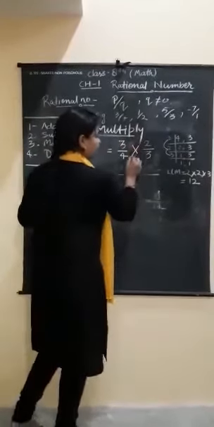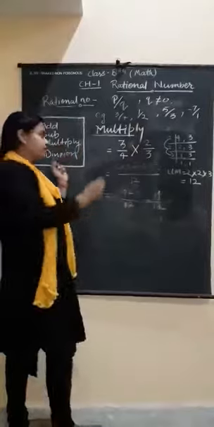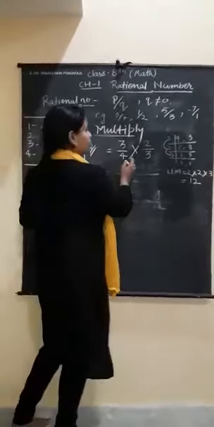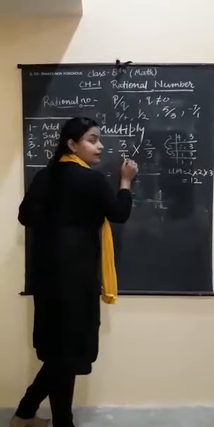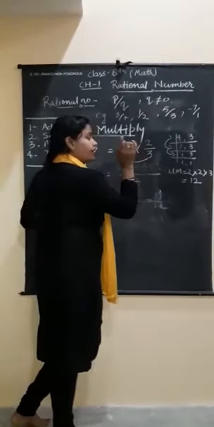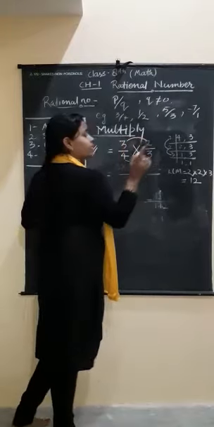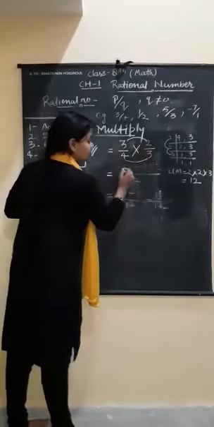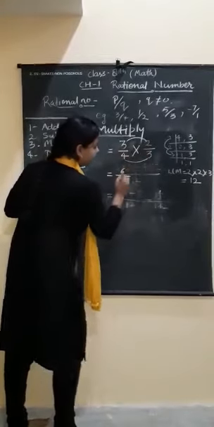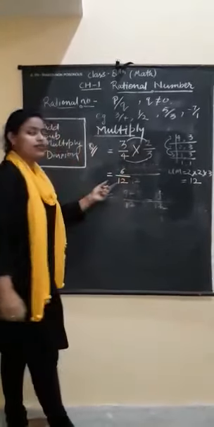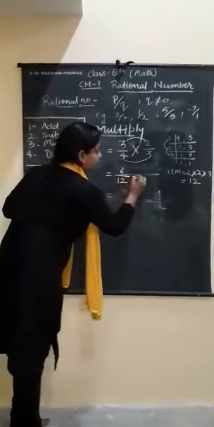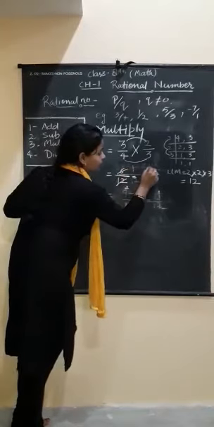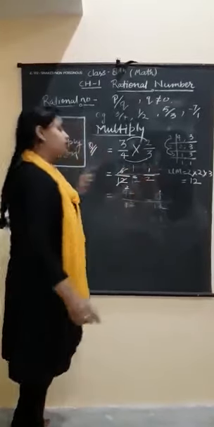Here the sign is multiplication. It is quite simple: numerator multiplied by numerator and denominator multiplied by denominator. Then 3 twos are 6 and 4 threes are 12. Converting to standard form, 6 ones are 6, 6 twos are 12. The answer is 1 by 2.